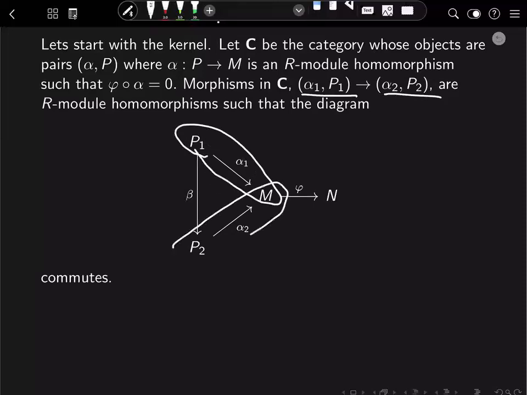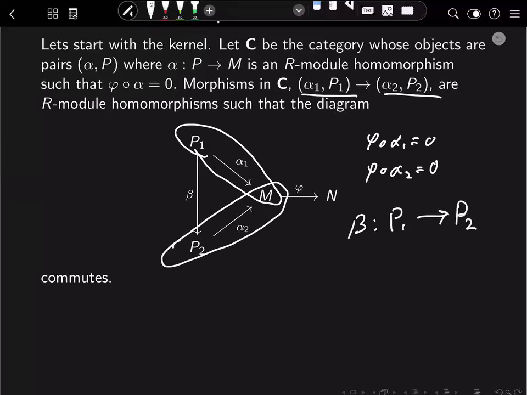Both of these satisfy phi composed with alpha 1 is equal to the trivial morphism, and phi composed with alpha 2 is equal to the trivial morphism as well. A morphism between these two pairs will be a diagram, specifically an R-module homomorphism beta that maps P1 into P2 such that the diagram commutes.